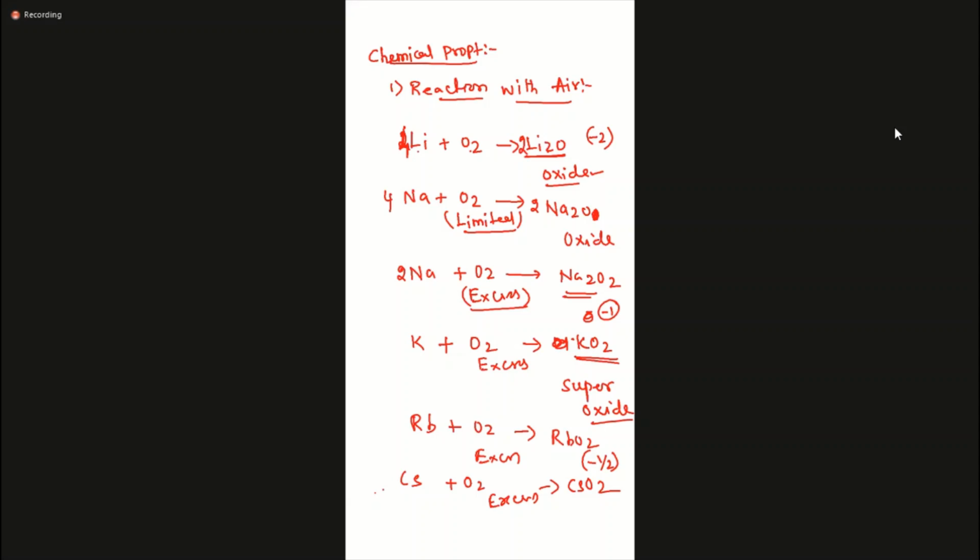Present the general formulas. See, oxide general formula is M2O. Oxide means oxidation state is -2. So like Li2O, Na2O, K2O, Rb2O, Cs2O.